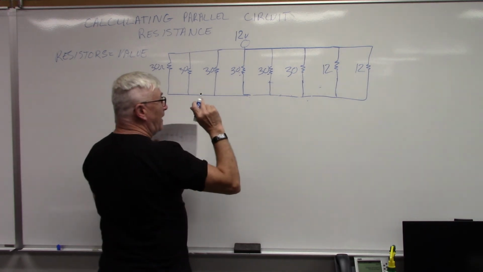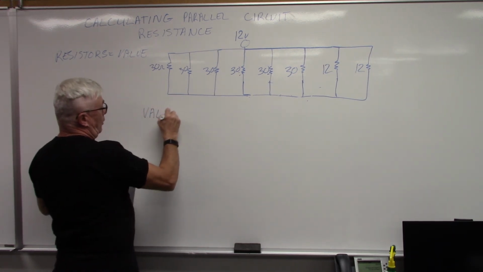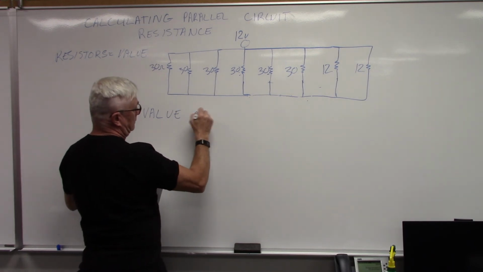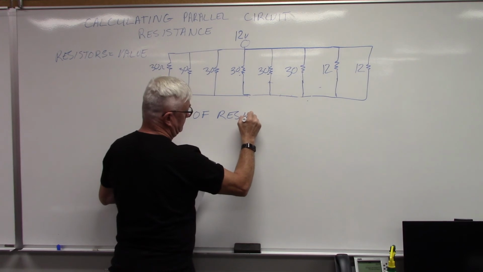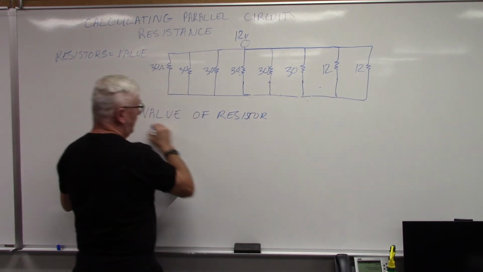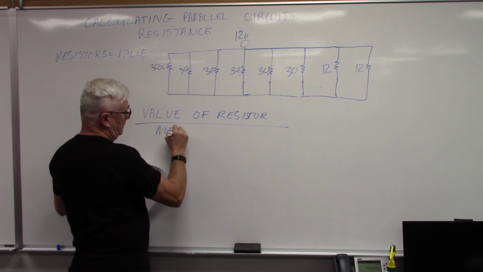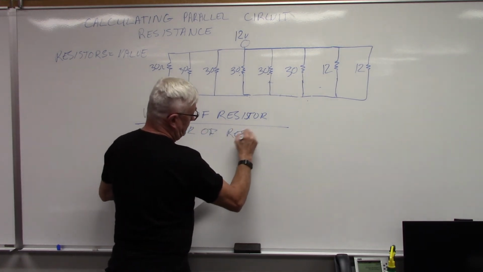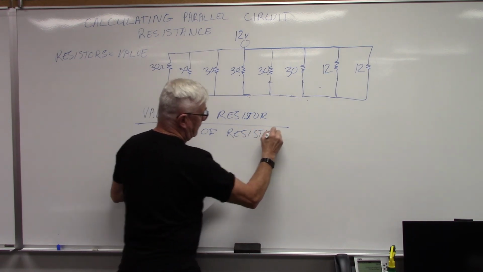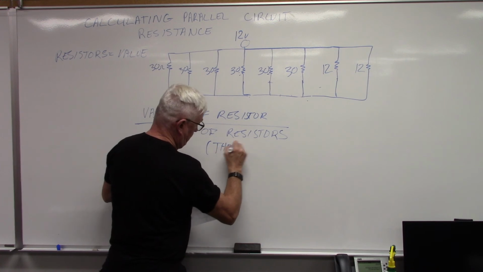We take the value of the resistor, and let's write it out so we know what we're doing. And we divide that by the number of resistors of that value.